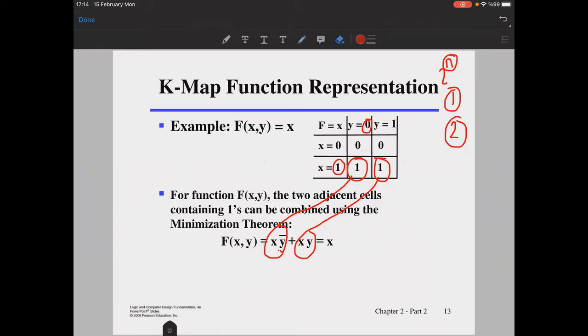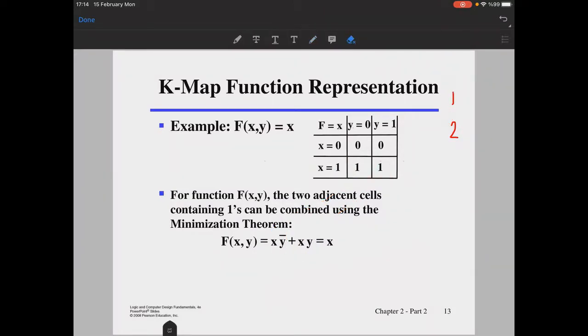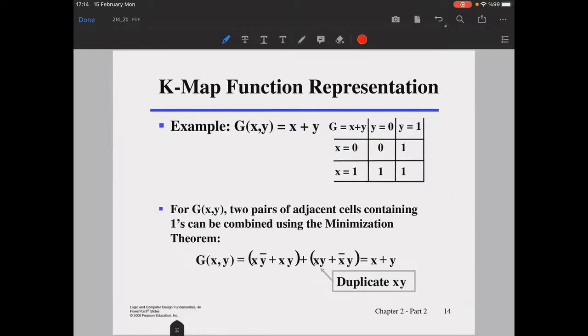And how about I combine it like this, size 2? It will give you x equals 1 and y is changing, so it's not dependent on y. You will directly say that this is x. It's the most basic representation for K-maps.